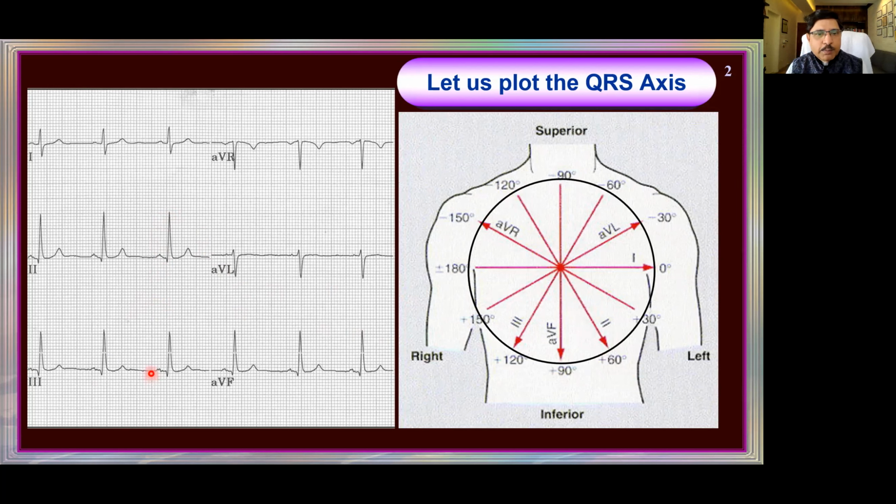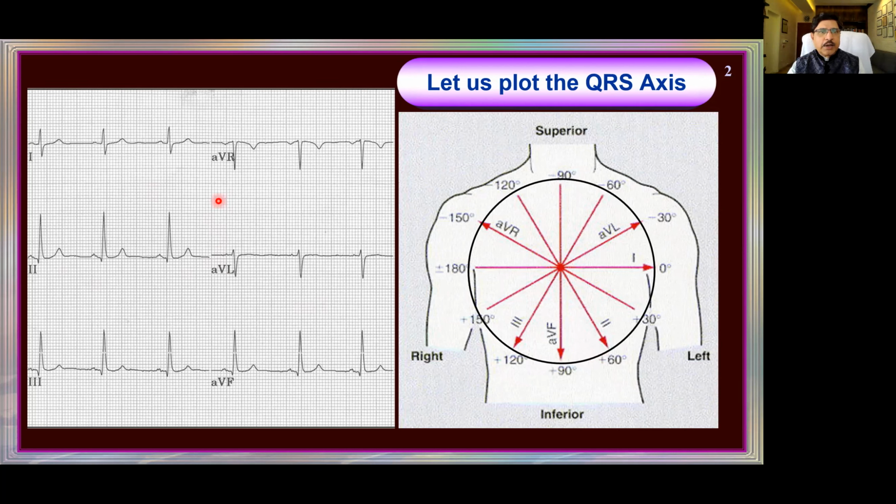Supposing two things are almost the same, let's say this and this appear to be almost same. Or when both of them are, it is either here or here, means in between. So the axis in this case is possibly between 60 and 90. That's what you can narrow it down. Look at the tallest deflection and see whether it is positive or negative.